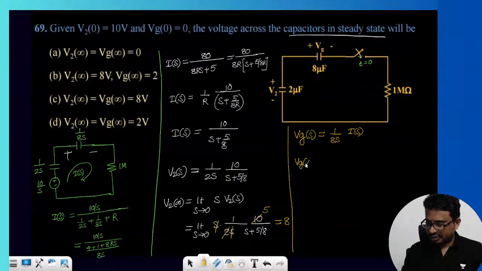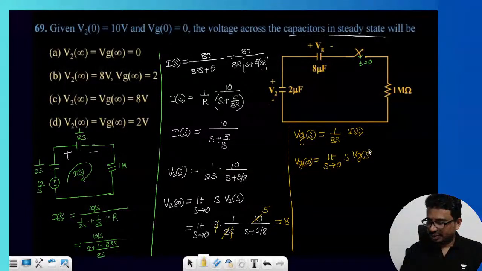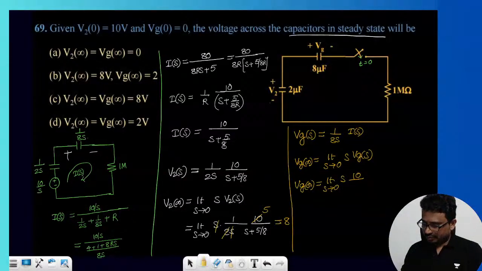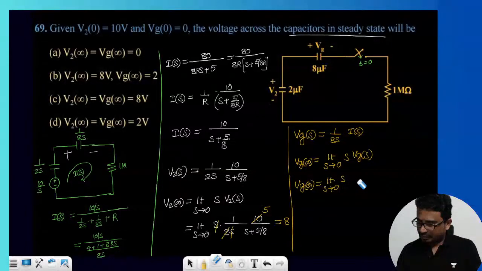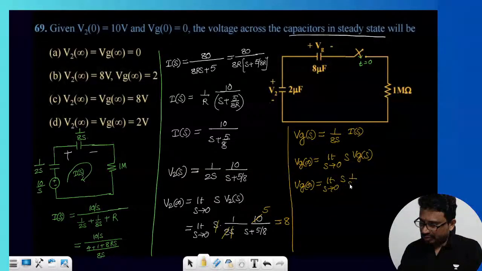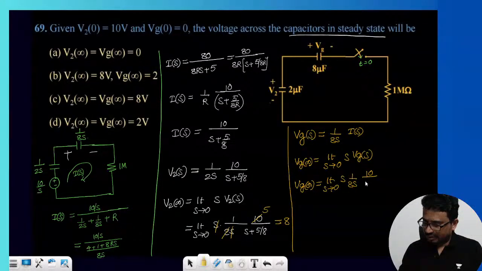Vg of infinity equals limit S tends to 0 of S into Vg of S, which is S into 1 by 8S into 10 by S plus 5 by 8.